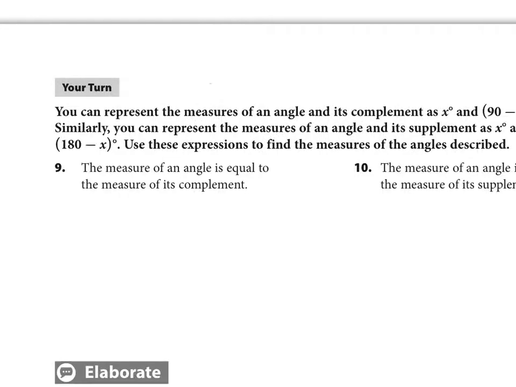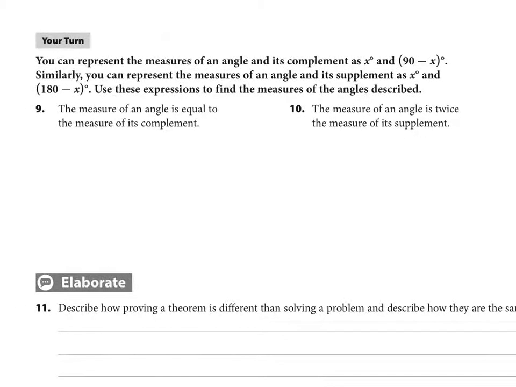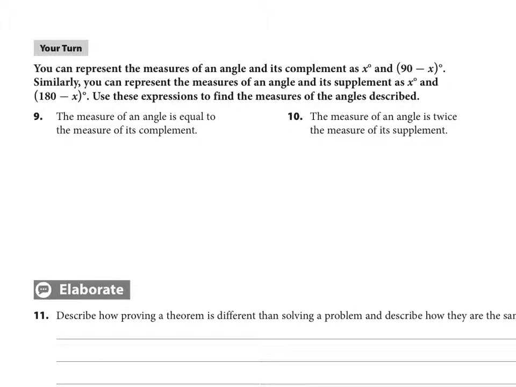Number 9. So we have the measure of an angle is equal to the measure of its complement, okay? So the measure of an angle, we don't know what it is, so let's use x or whatever variable you want, is equal to the measure of its complement. Well, the complement to x would be 90 minus x.